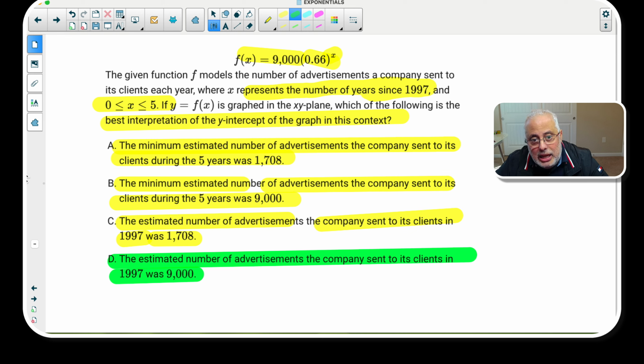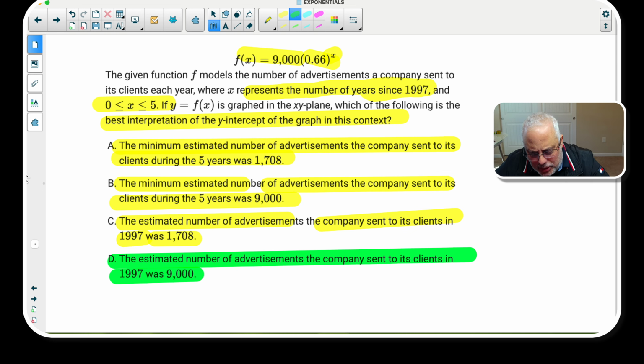So when we replace the x by 0, we are talking about the initial year, 1997. That's why the last possible answer, D, is the correct answer: the estimated number of advertisements the company sent to its clients in the initial year, 1997, because the initial value of the domain is x equals 0.